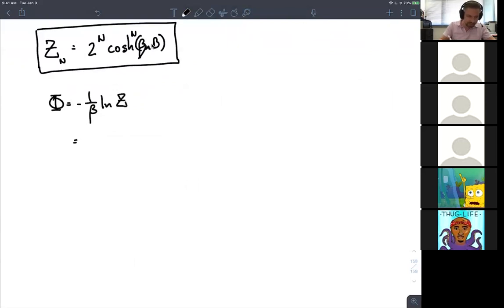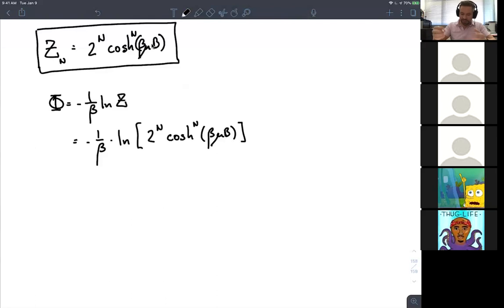So this is minus, don't get too fancy now here, Professor. Minus 1 over beta times the logarithm of 2 to the n cosh to the n of beta mu b. So there it is. I could write this in the following way, like so.